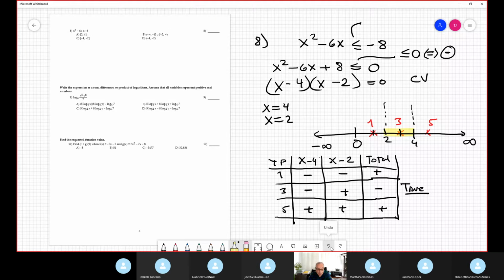What about the endpoints? Well, the endpoints, which are 2 and 4, are included inside the interval because it's an equal sign. So the critical values belong to the solution. So the solution is bracket 2, comma 4. Let me see. It's A, 2, comma 4.